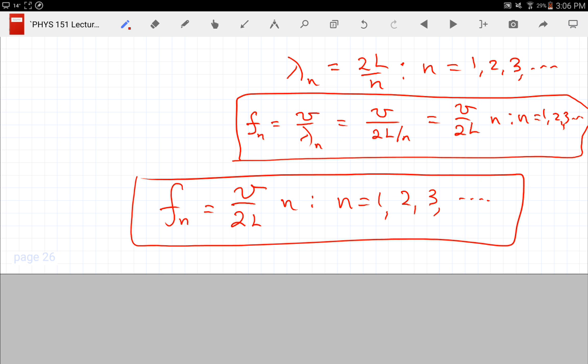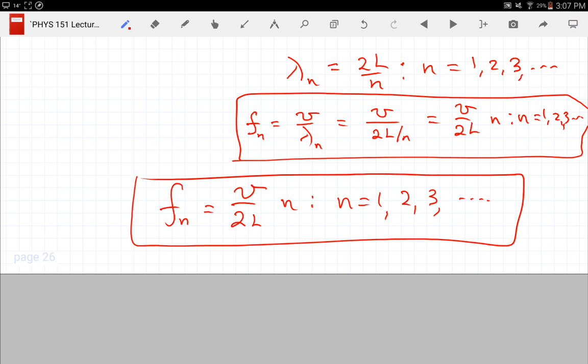Now we can relate this directly to tuning a violin. When I'm tuning that violin, I'm trying to get the right frequency. And if my frequency is too low, what do I need to increase? The length I can't change, so what do I need to increase? I need to increase the speed to increase the frequency.